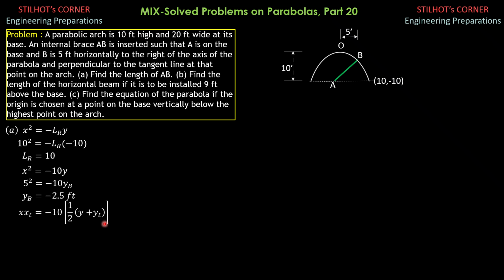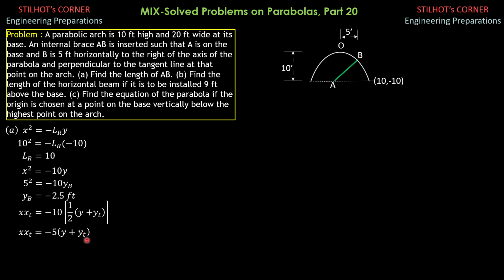So x times xt equals negative 10 times 1/2 of quantity y plus yt. Here x is just x, and xt is 5 at B, so this reduces to 5x equals negative 5 times quantity y plus yt, where yt is YB, negative 2.5.